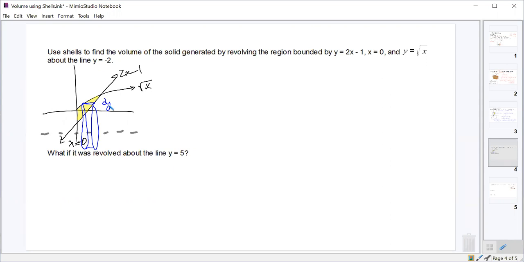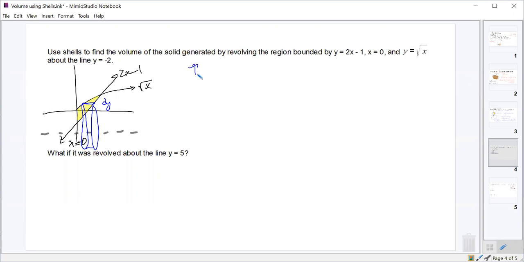So for some of the y values, the left part of the region is the y-axis, right? But for some of the y values, the left part of it is the square root function. You all see that depending on the y value we're at, the region is bounded on the left by different things. Yes. So that's going to be an issue with our height. So we'll come back to the height in a second.